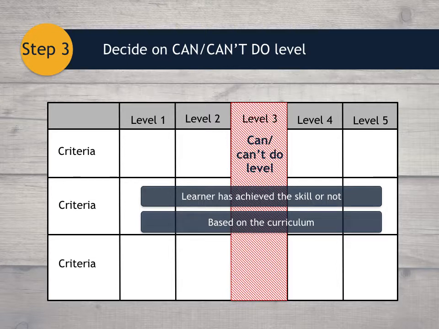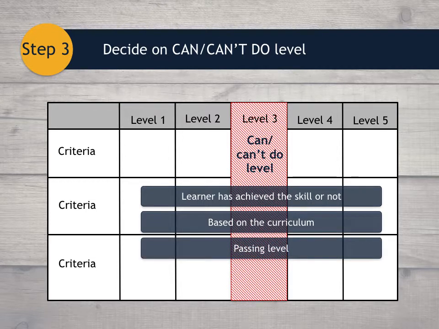How well they count, how their understanding is of it, how quickly they can do it, how often they can repeat it, that will be level 4 or 5. So if we've said the learner's got an understanding of Nelson Mandela, that will be level 3. How well they understand it could determine level 4 or level 5.